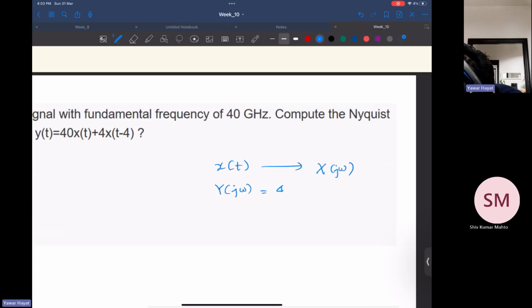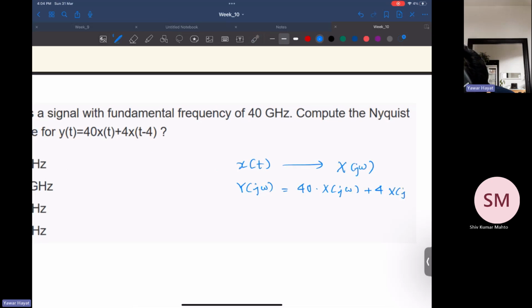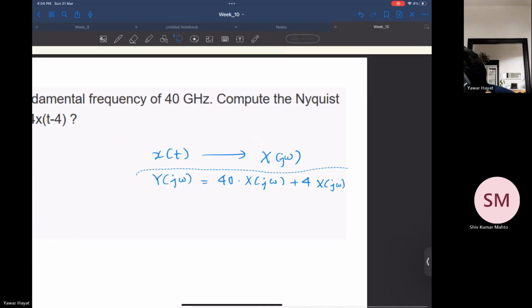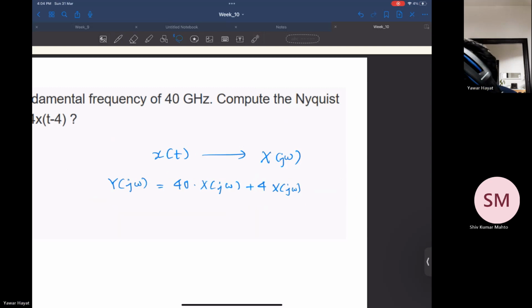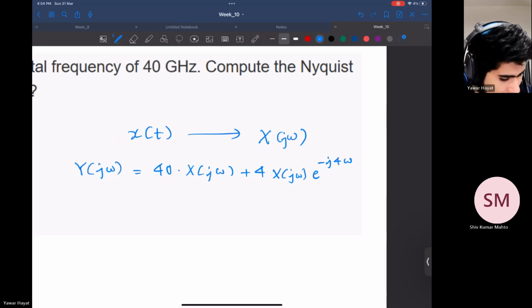That would be equal to 40 times the Fourier transform of x of t, so 40 times X of j omega, plus 4 times x of t minus 4. That would be X of j omega multiplied by that factor, right? The shift is 4, and that factor gets introduced due to the time shift.